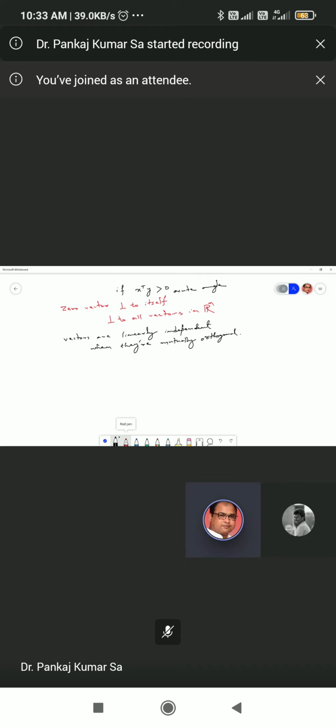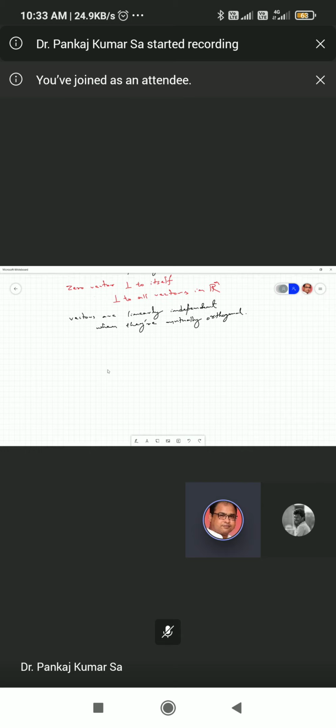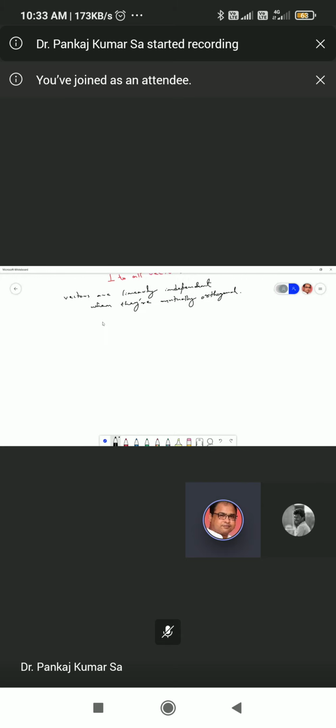If you recall the very first class, we started with Ax equal to 0. Then we talked about column space, row space, column and row spaces. These are the things we talked about.